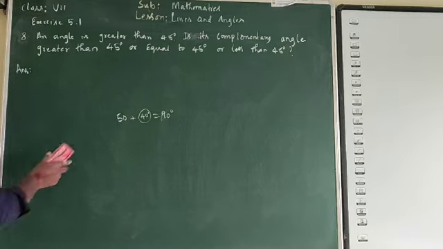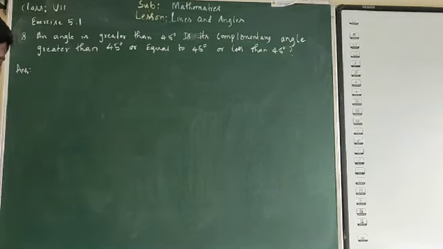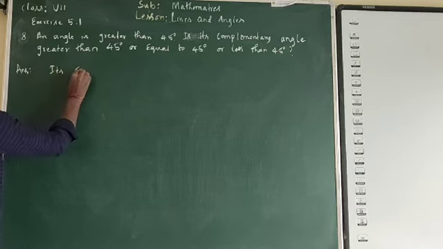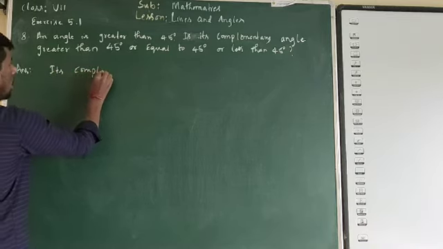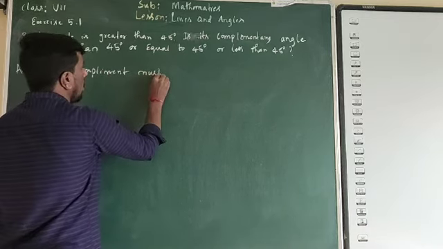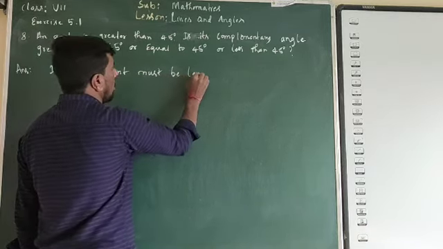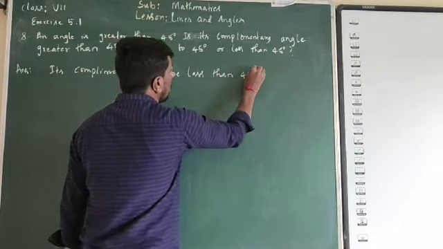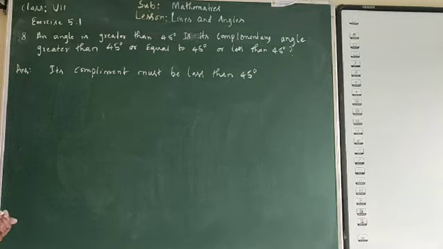So if one is increasing, then the other I should decrease. Its complement must be less than 45 degree. Okay, that is the answer.